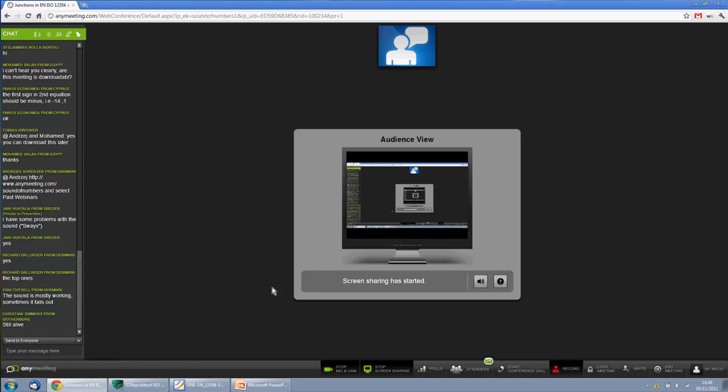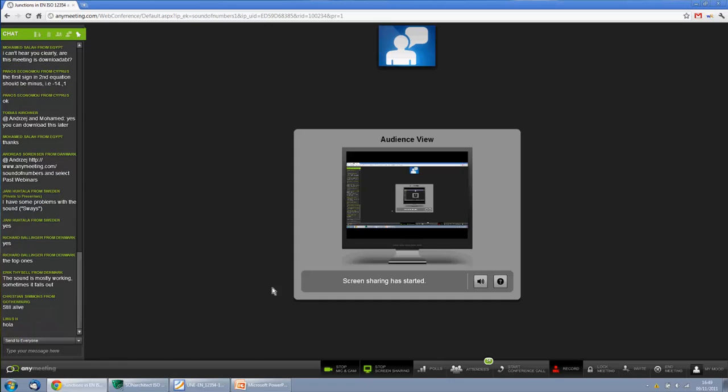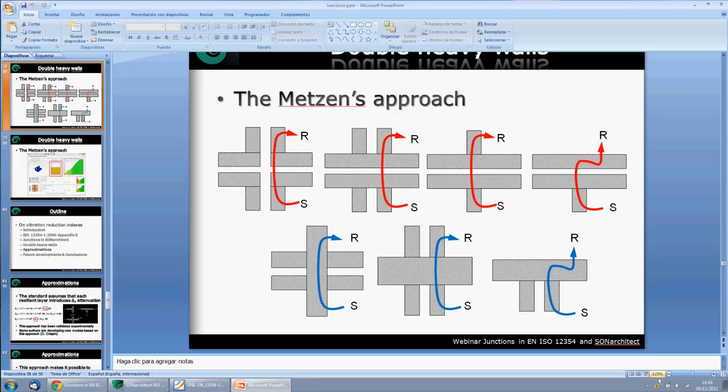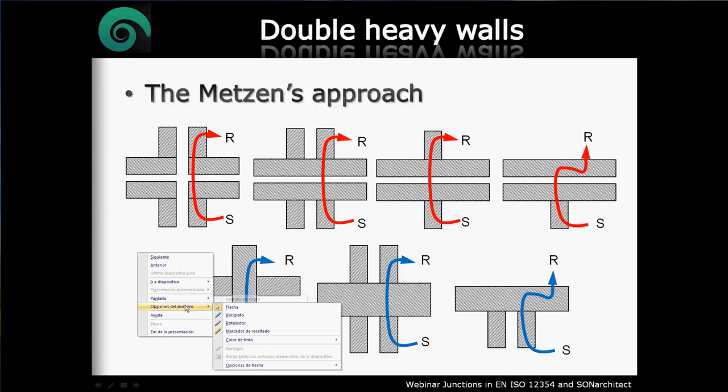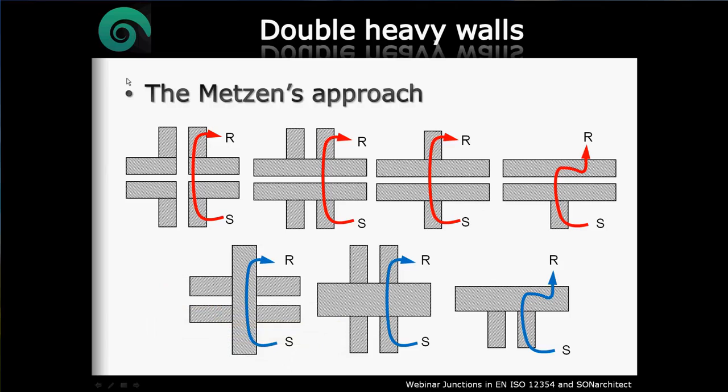Indeed, the ones that you can model are the top ones. Well, you are seeing the solution right here. But the basic idea is that you can use the Nexen approach whenever, between one side and the other, from the source to the receiver, you have a cavity in the middle.